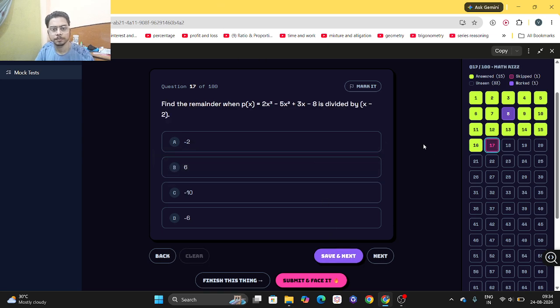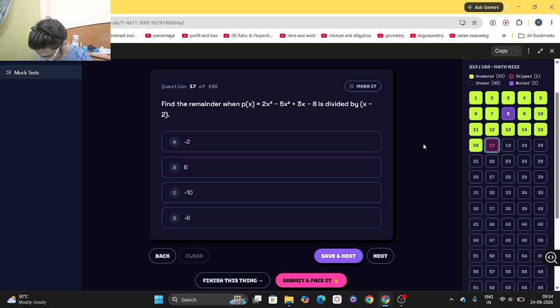Find the remainder when p(x) is equal to 2x cube minus 5x square plus 3x minus 8 is divided by x minus 2. X minus 2 multiplied by 2x square.